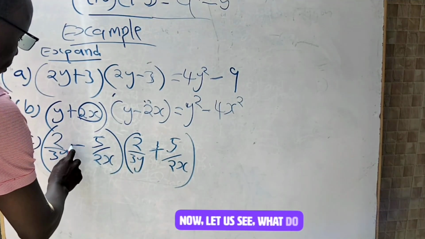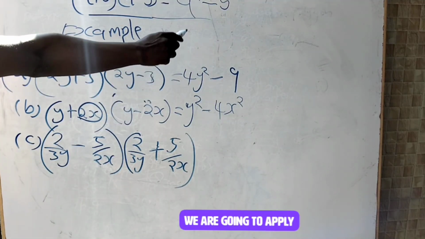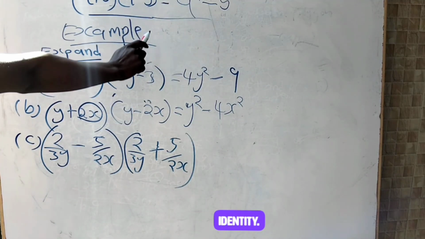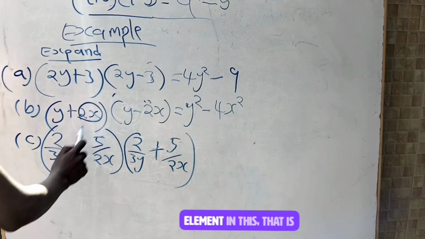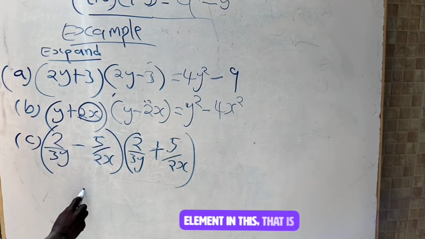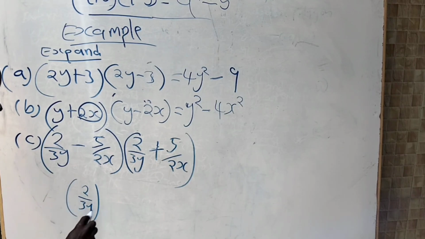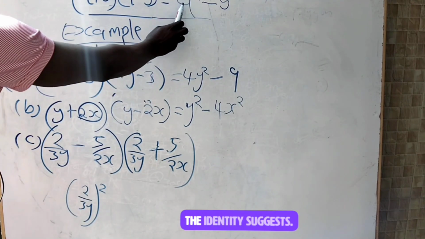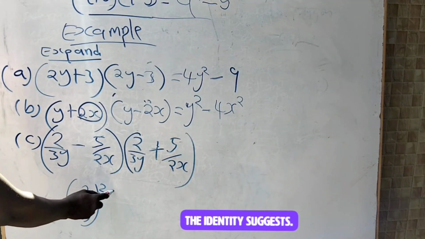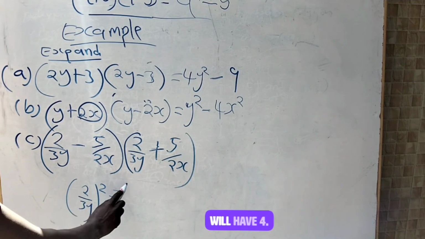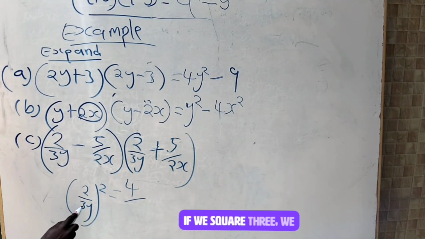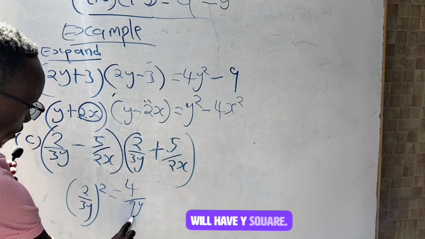Now let us see what we do. We are going to apply the quadratic identity. Take the first element, which is 2 over 3y. If we square it, 2 squared is 4, 3 squared is 9, and y squared is y squared.